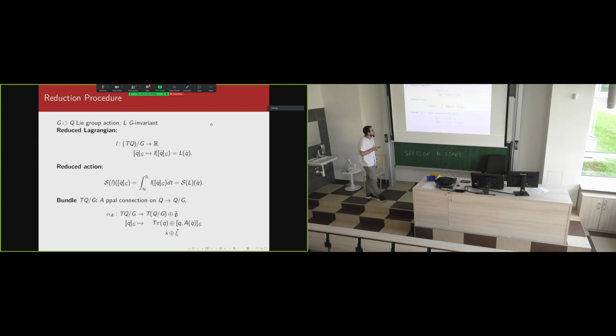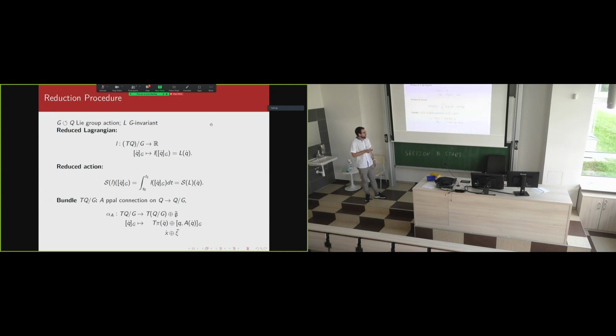And if we study the reduced space of this tangent bundle, what we can see is that it's no longer a tangent bundle anymore. So if we use a principal connection in Q over Q/G, which is the space in which we are reducing, then we see that the quotient of the tangent bundle is the tangent of the quotient manifold plus this term here, which is the adjoint bundle.